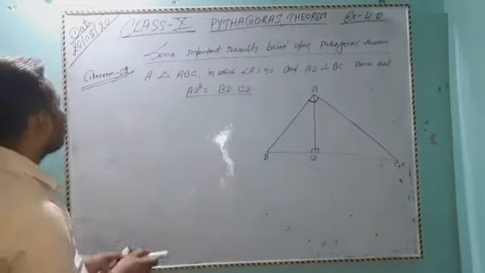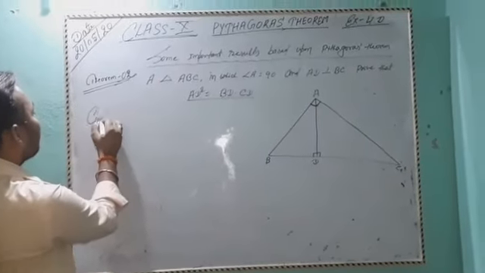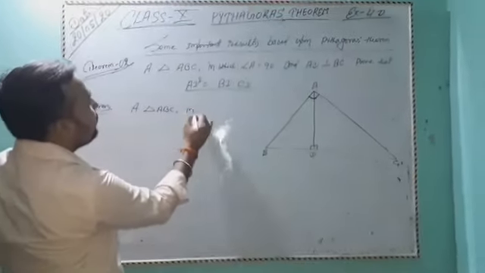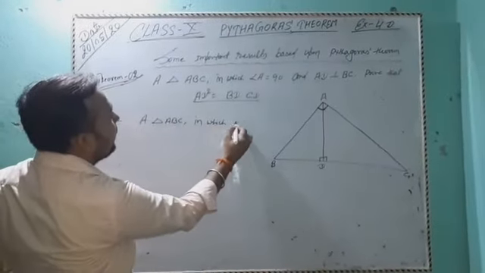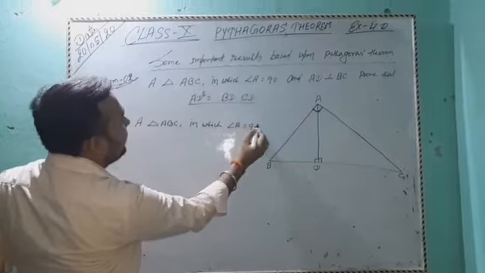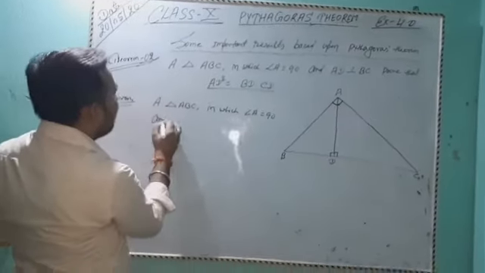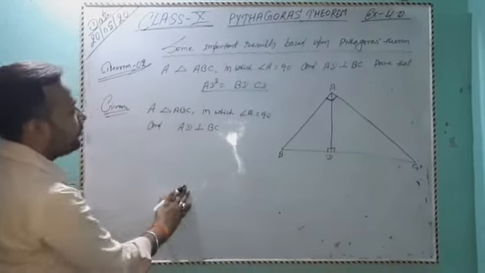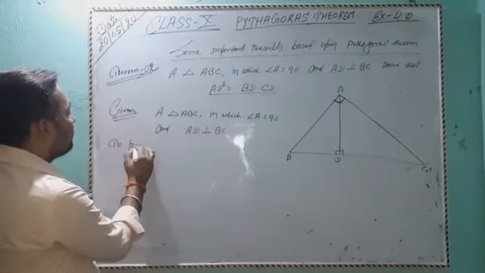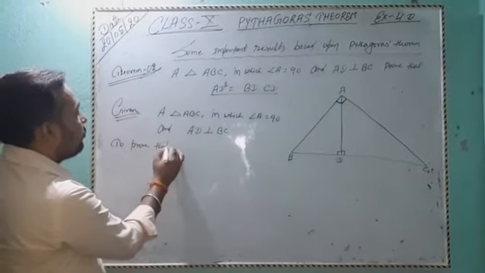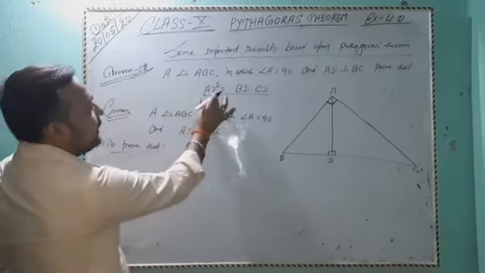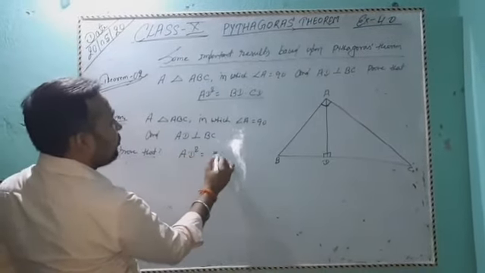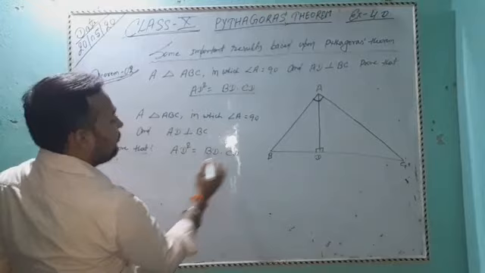So given a triangle ABC in which angle A equal to 90 degree and AD perpendicular to BC. To prove that AD square equal to BD into CD.